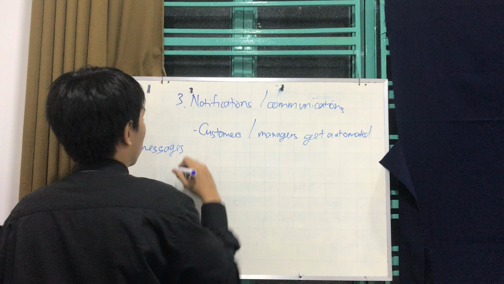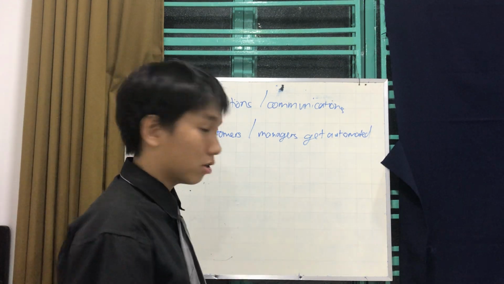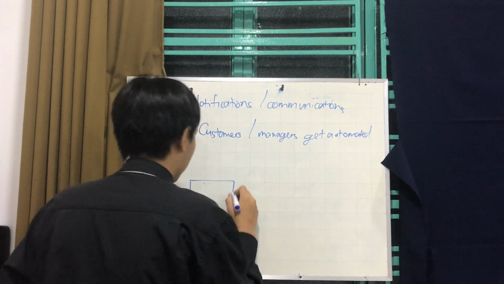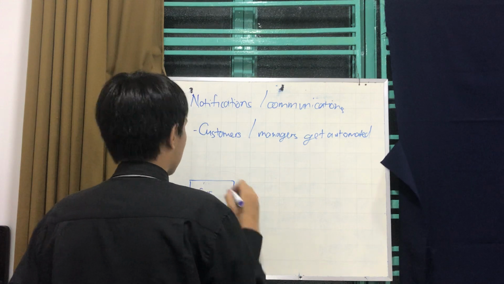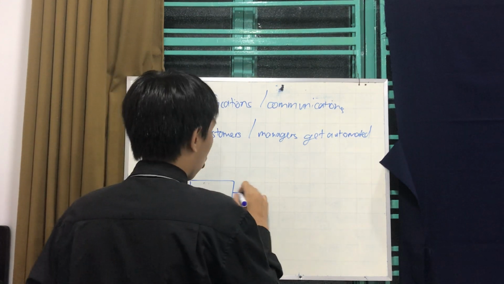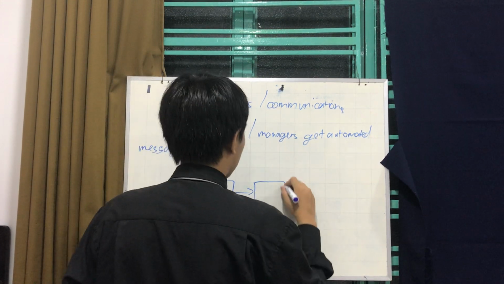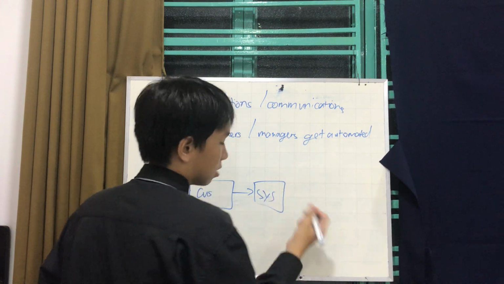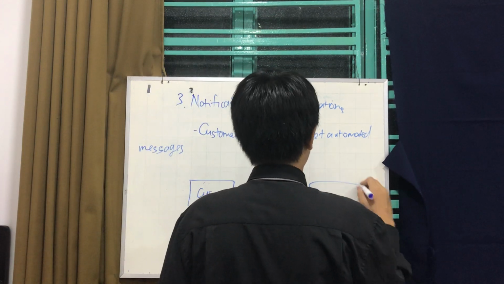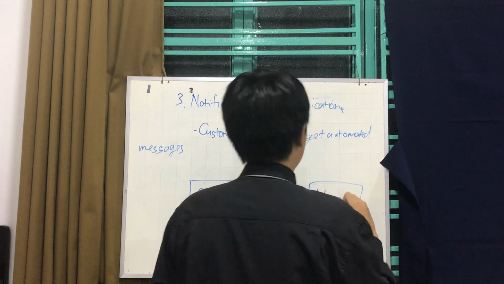So how does this work? Let me explain how this works. Let me draw a graph here. Let's say this is a customer, for short. They place an order. The order is processed through the system, for system, and it will go to the manager. Man for manager.